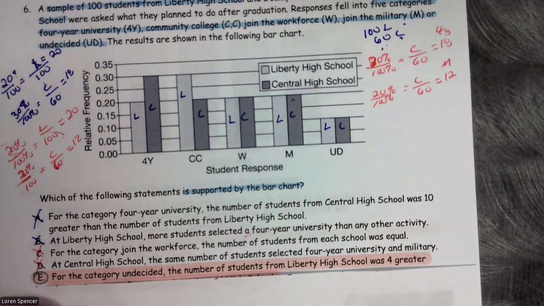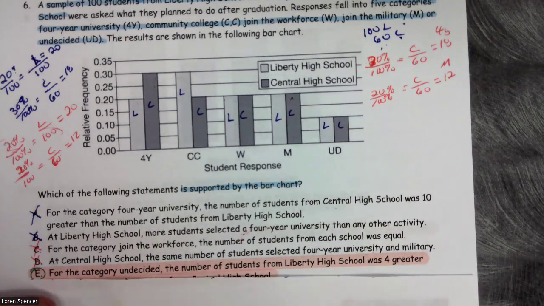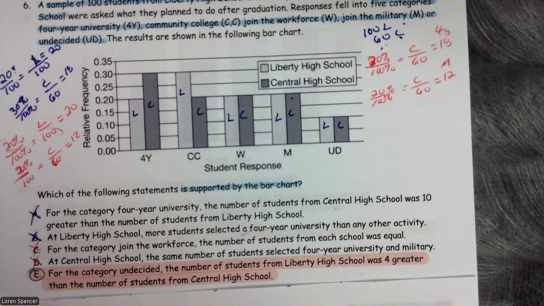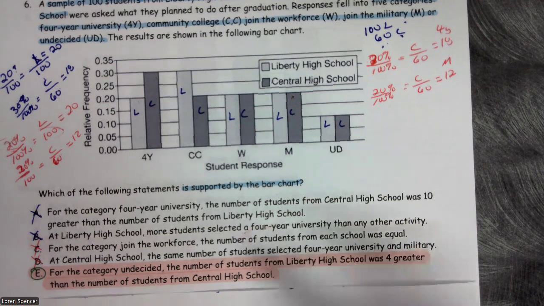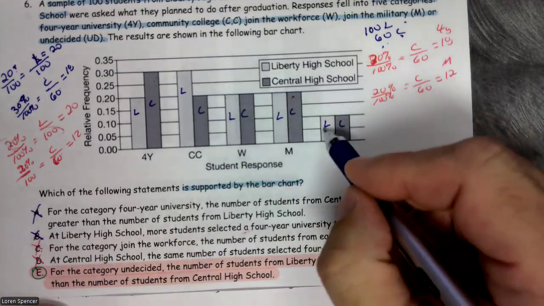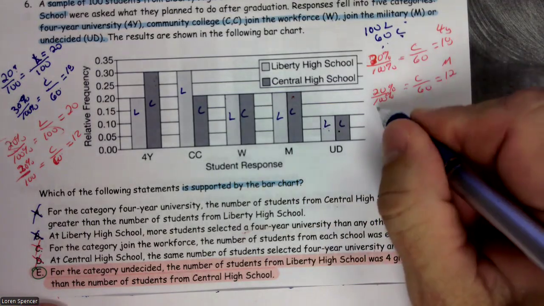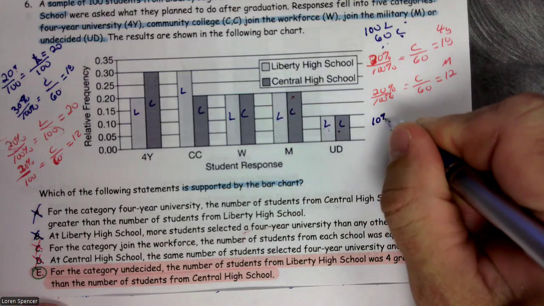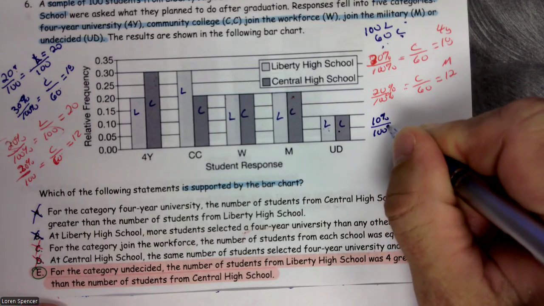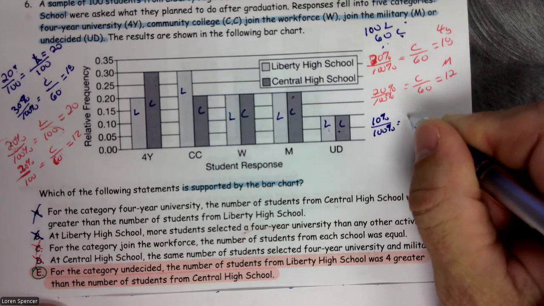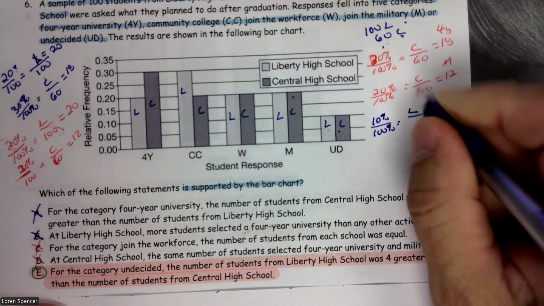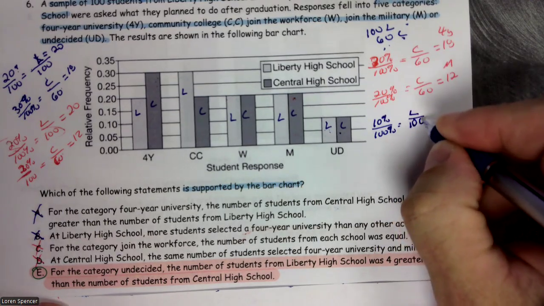All right. For the category undecided, the number of students from Liberty High School was 4 greater than the number of students from Central High School. So undecided, let's look at it. Well, they have the same percentages, but actually, what does it mean in the way of numbers? Well, we have 10% over 100% equals L over, there's 100 students.